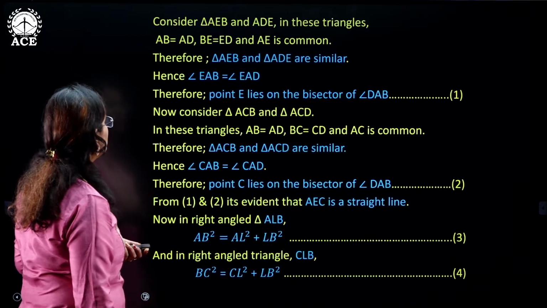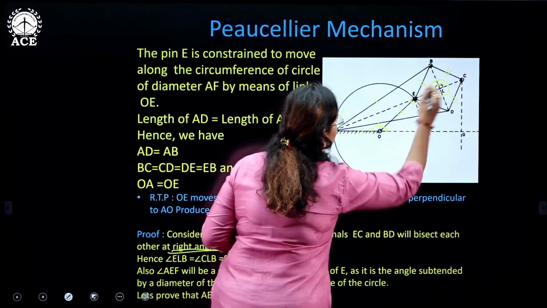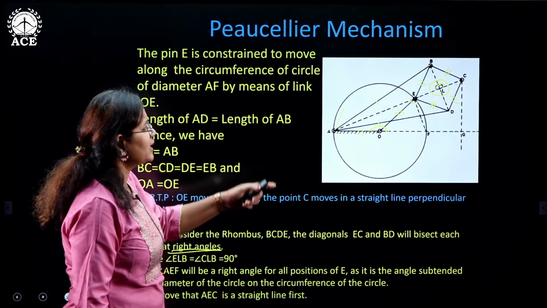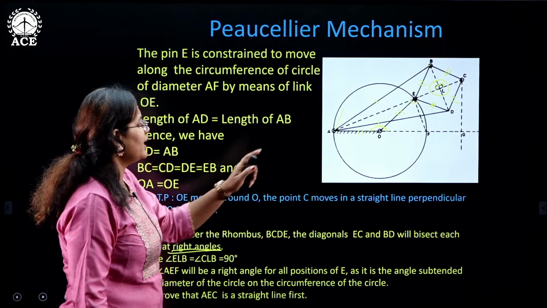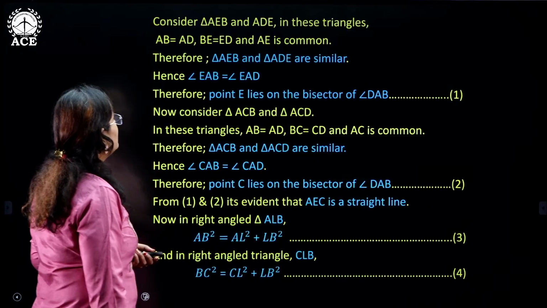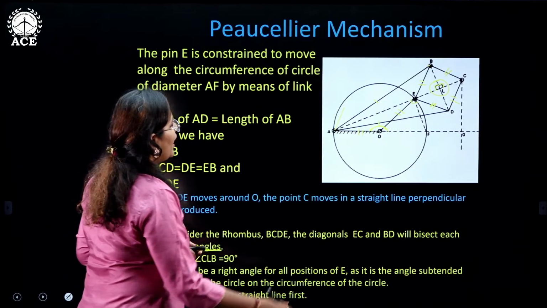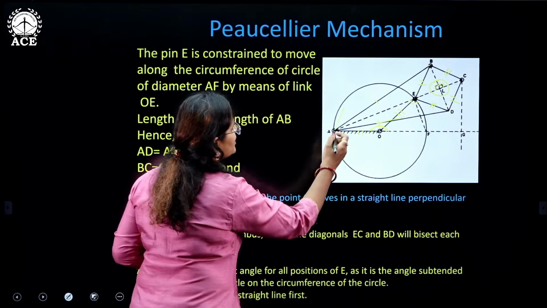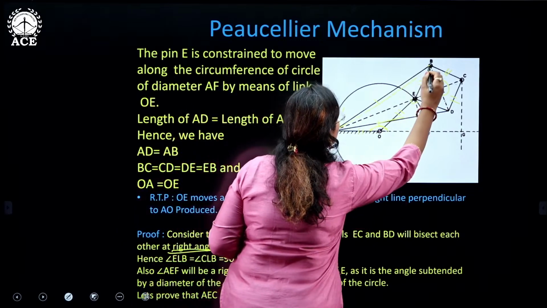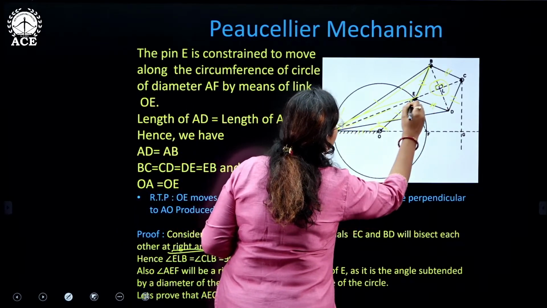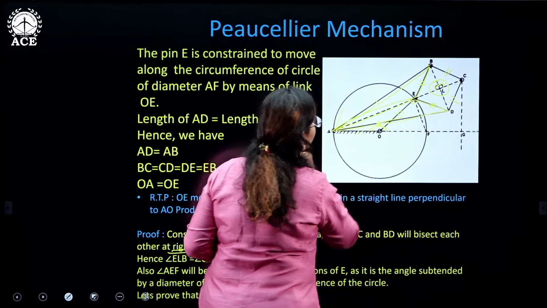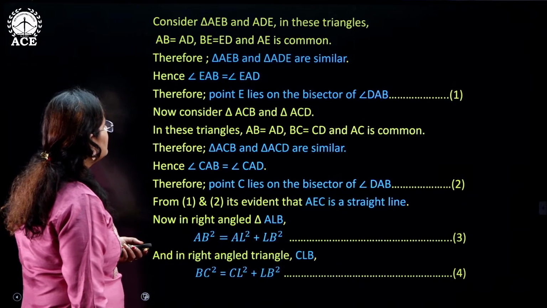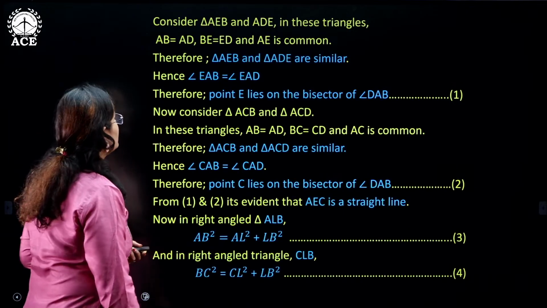So let us first prove that this particular line is a straight line. Then we can go for proving that point C traces a straight line when AO is produced at G. So we are talking about the triangles AEB and AED, this particular triangle and this particular triangle. Let us prove the similarity between them.